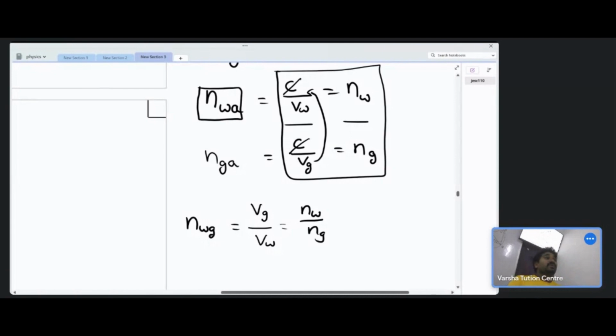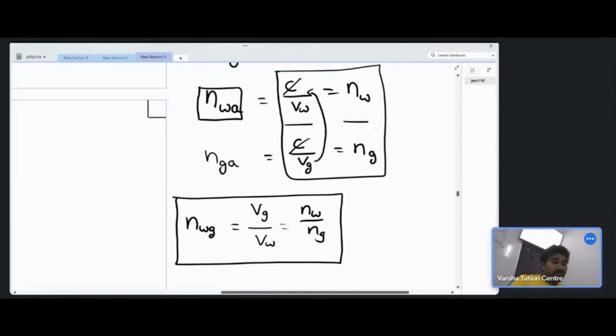That is NWG. So the strongest relation which is very helpful for refractive index cases is this: NWG is equal to VG by VW, and VG by VW is equal to NW by NG.